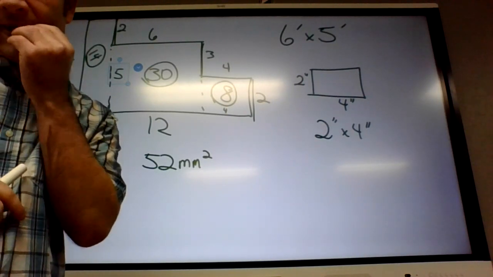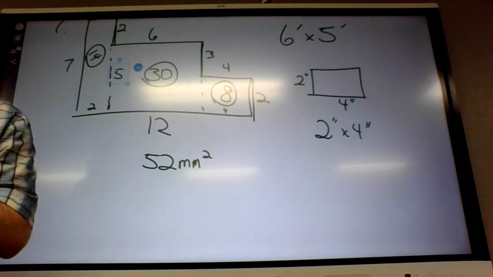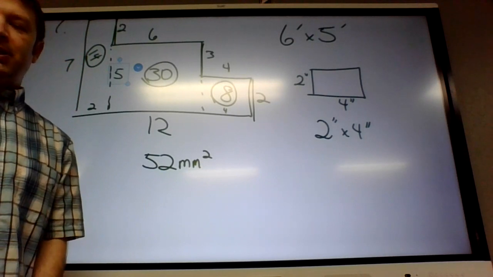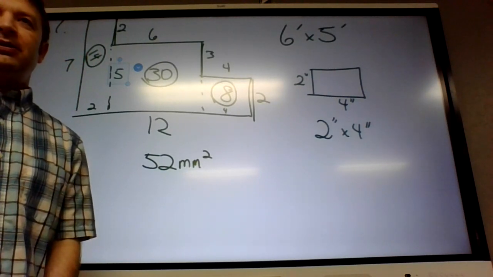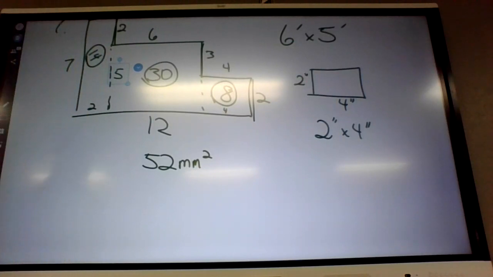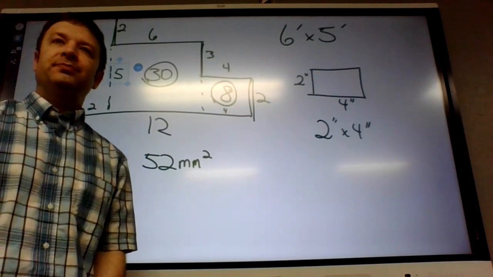Let's see, number 9. How about number 8, even though that's an even? So we're just supposed to find the area of the shaded region. Any ideas how we could do 8? There's an easier way and a hard way. You could draw lines down the sides, but that's not the easy way.